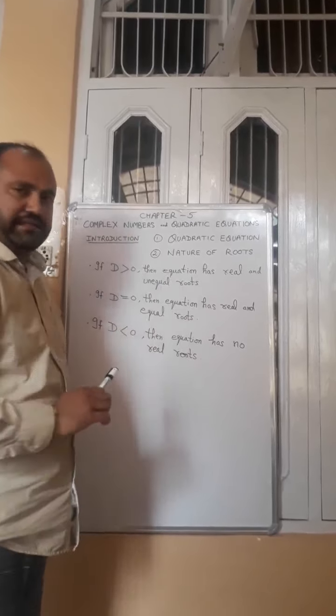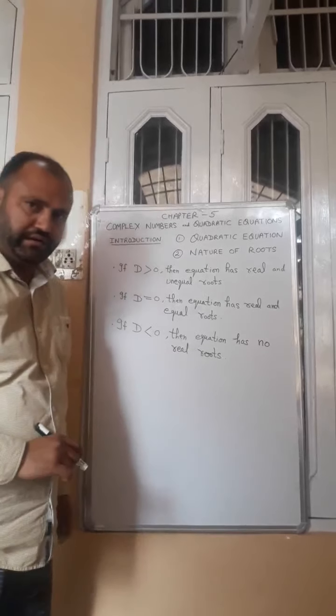If discriminant is equal to 0, then the equation has real and equal roots. And if discriminant is less than 0, then the equation has no real roots, right? If discriminant is negative, then the equation has no real roots.